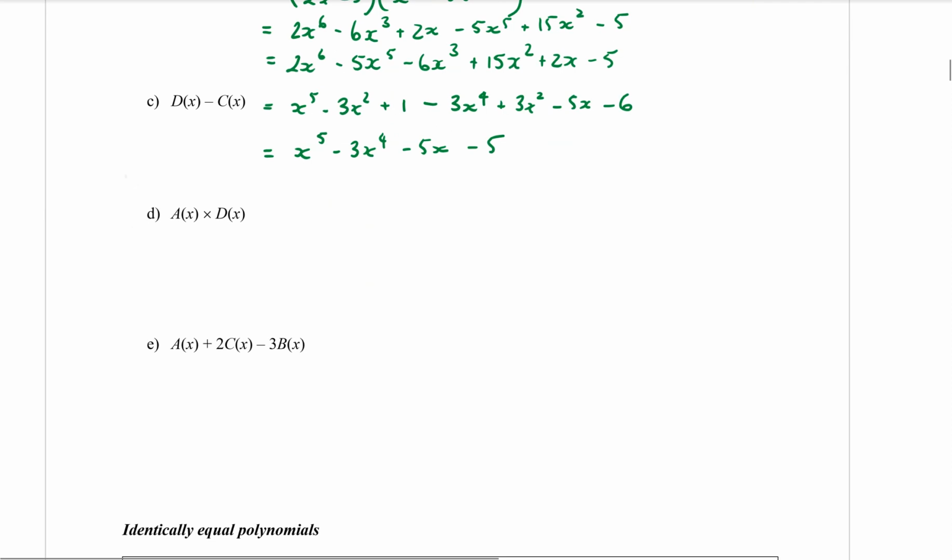We want to multiply a of x times d of x. So a of x is x squared plus 2x plus 3. And we're timesing that with d of x, which is x to the power of 5 minus 3x squared plus 1. I think we've done a few of these now, so I'm going to just be quiet here and let you try expand that.